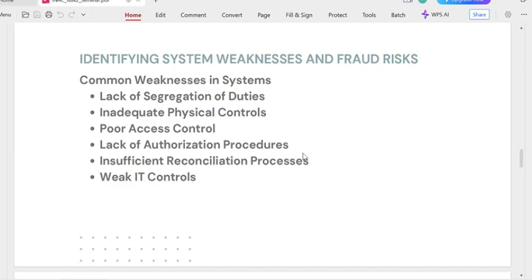You can show an expense which is not actually happening, and then take that amount for yourself. If one of your customers pays, you can take that money and show that the customer never paid, or you can delete the whole data of the customer from the system.